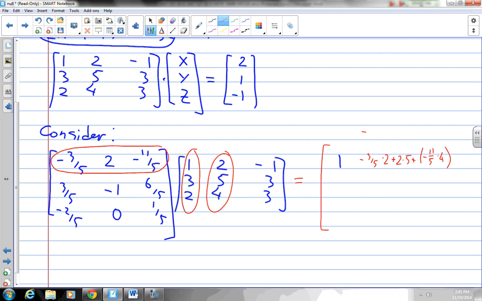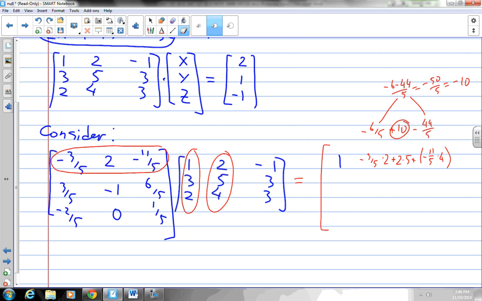But this is negative 6/5 plus 10 minus 44/5, right? Actually, I don't have to do the whole common denominator. If I just add these two, it's negative 6 minus 44 over 5, so that's negative 50 over 5, which is negative 10. And I still have a positive 10. 0. All right. Whoa.